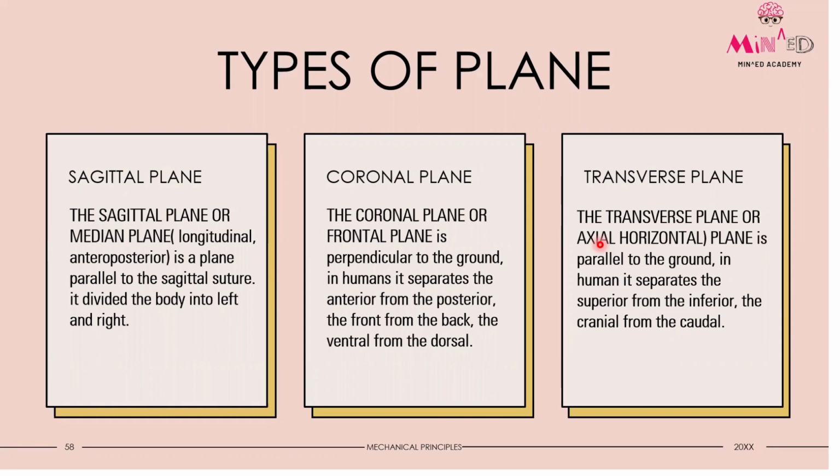The coronal plane, also known as the frontal plane, is perpendicular to the ground in humans and it separates the body into anterior and posterior, that is front from back. The transverse plane, or axial horizontal plane, is parallel to the ground and it separates the human body into superior and inferior, upper or lower part. The upper part is called the cranial part, the lower part is called the caudal part.